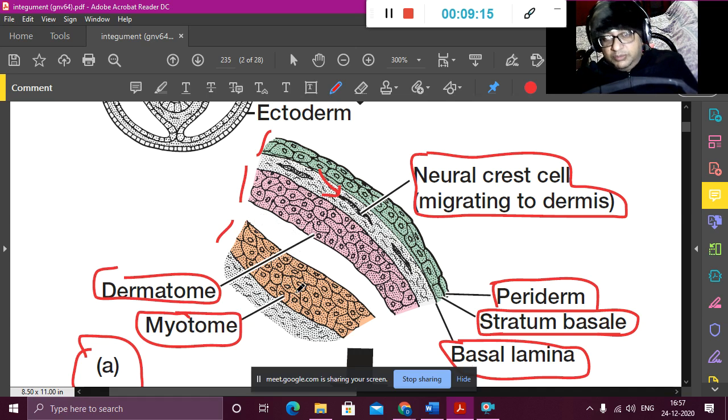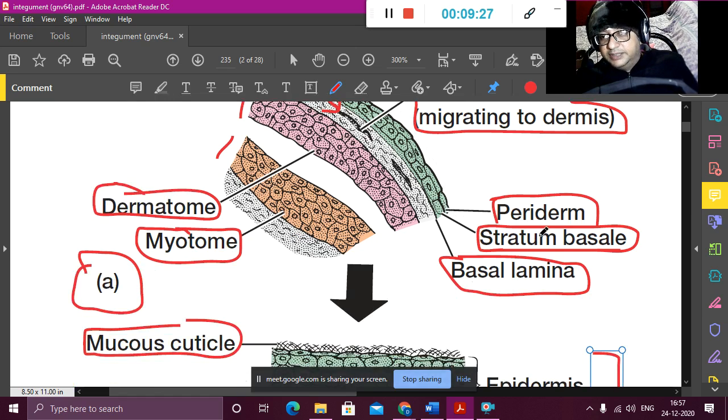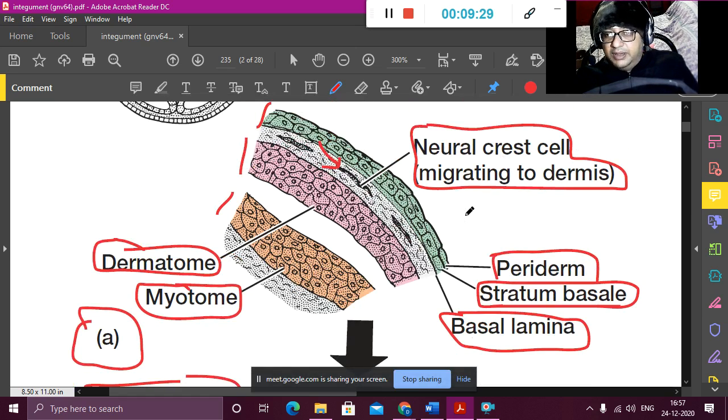So below part is the myotome, a mesodermal derivative, and the dermatome, which is also a mesodermal derivative, which will eventually form your dermis. And this outer side, this periderm, will form your epidermis.